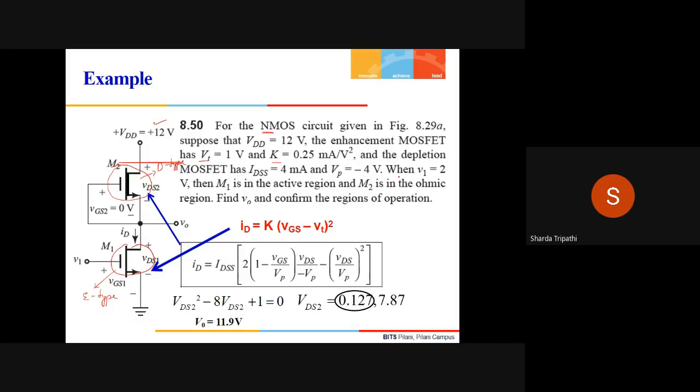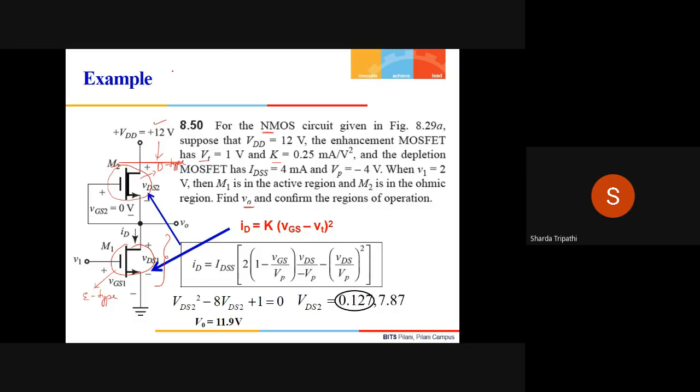What do we have to find? First, we have to find V0. If you look at this circuit, V naught is essentially the voltage drop across the drain and the source of this enhancement type transistor. To find this, I have to apply KVL in this path which starts from VDD until ground.